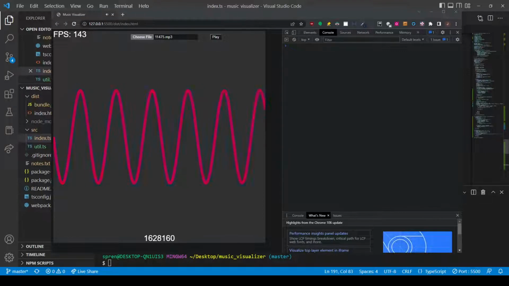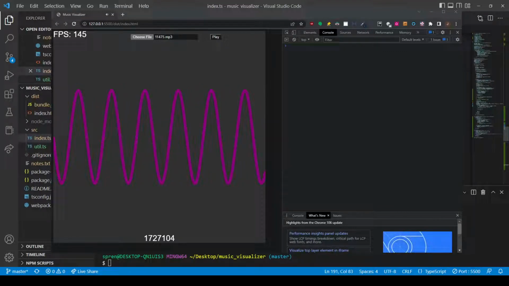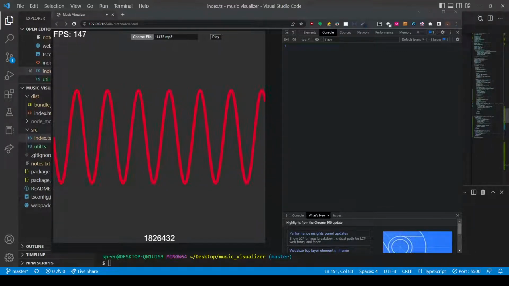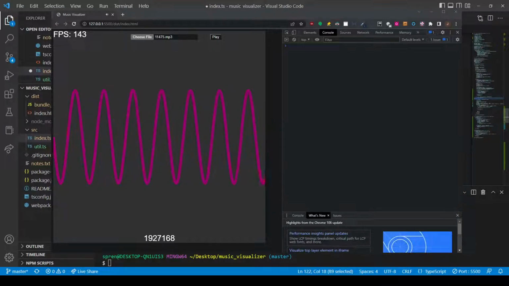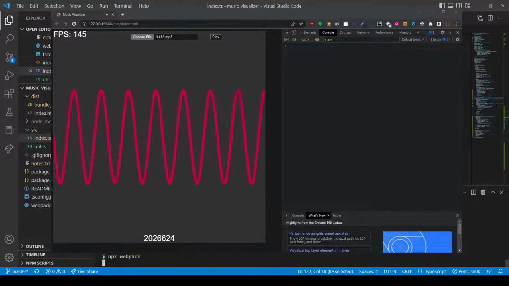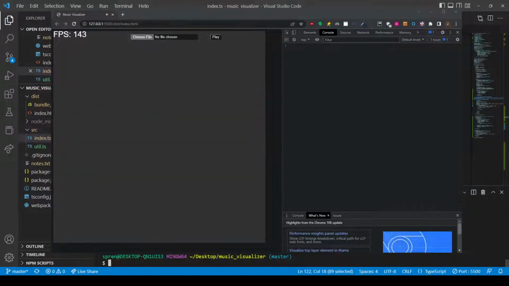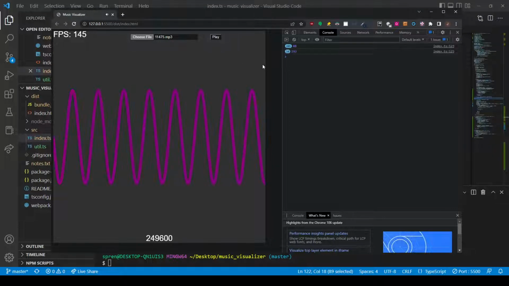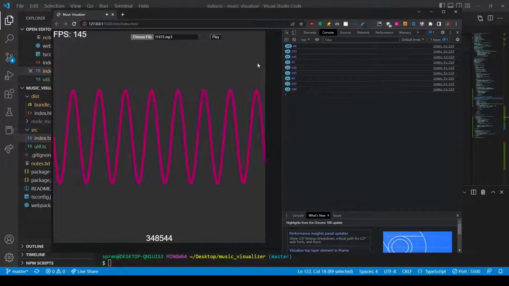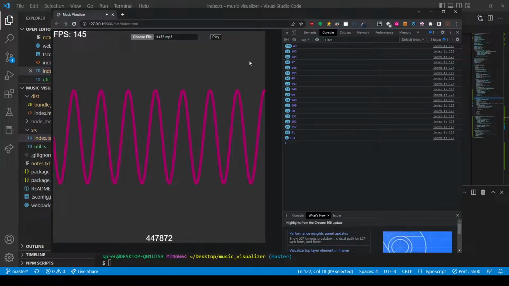Huh. What's that? What's the deal with that, I wonder? Let me bring back the best lag print statement. Weird.